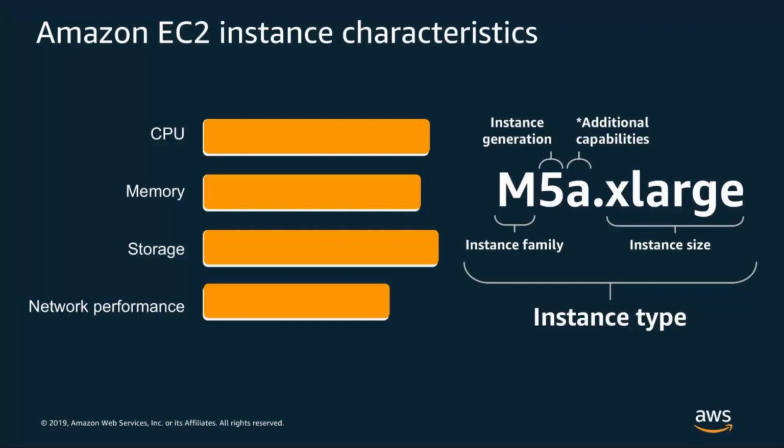So M5a is a multi-purpose family. It's the 5th generation, which in this case, is the latest at this time. And then additional capabilities, where A stands for AMD version of that family, where we already have an M5 without the A, which would indicate the Intel Xeon scalable processor version of the M5 family.